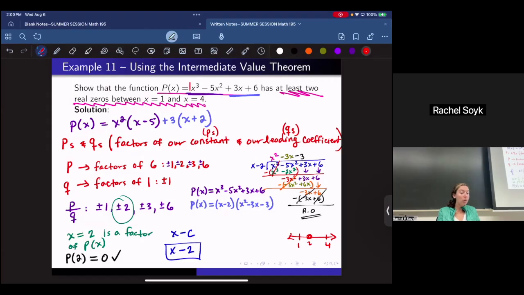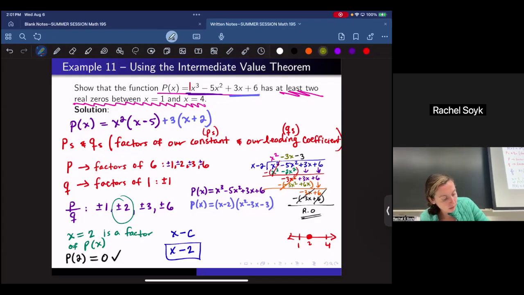But now we want to figure out, is there another real zero between this? Because we already know that we have that one between 1 and 2, let's hone in on whether there is any between 2 and 4. Specifically, any number greater than 2 and less than 4.